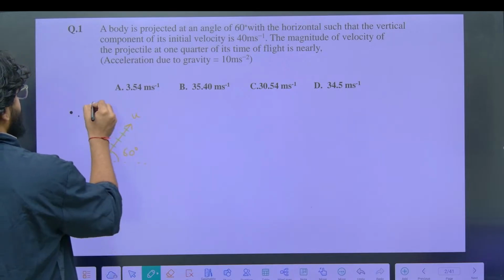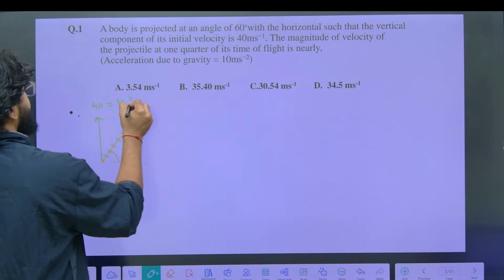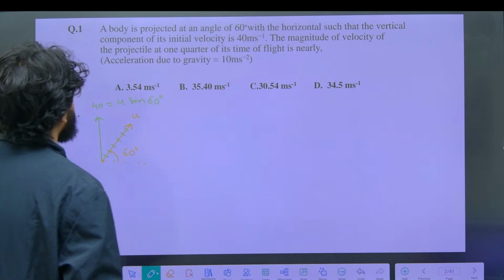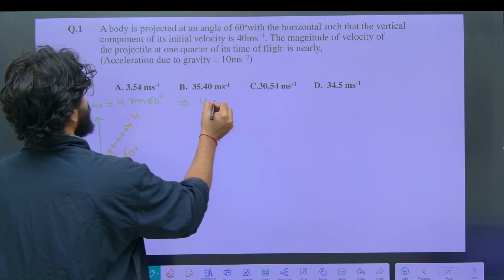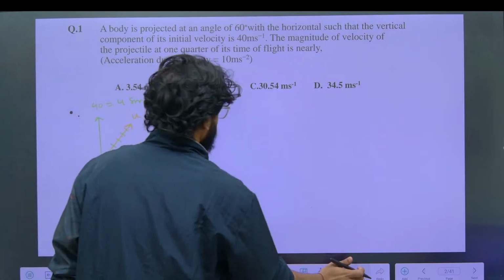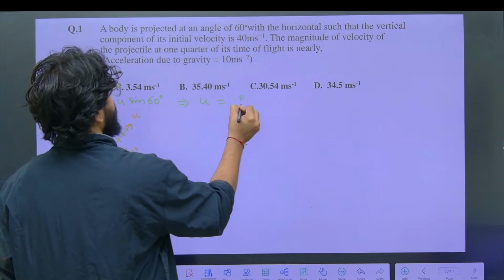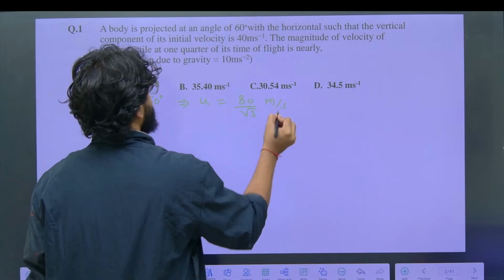Vertical component is 40, that means u sin 60 degrees is 40. So from here we can say the value of u will be 80 upon root 3 meter per second, correct?